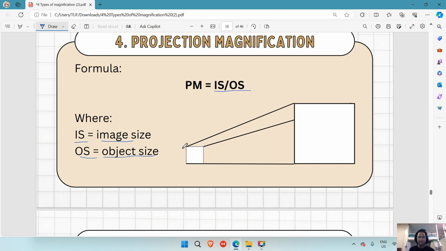The object size comes first, and then this is our image size. So the image size has become larger. Makes sense because if we make it OS over IS, it would become smaller, which would mean minification. But since projection magnification is enlarging, a value of more than one indicates that it is enlarging.